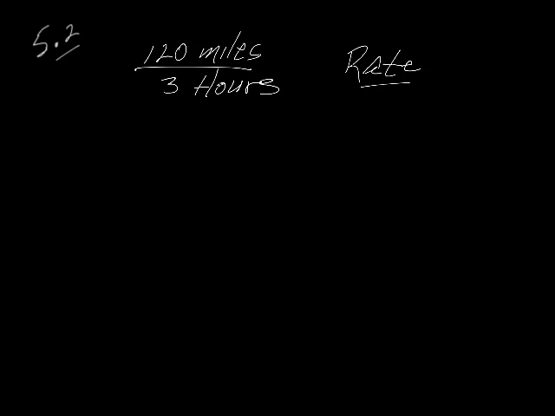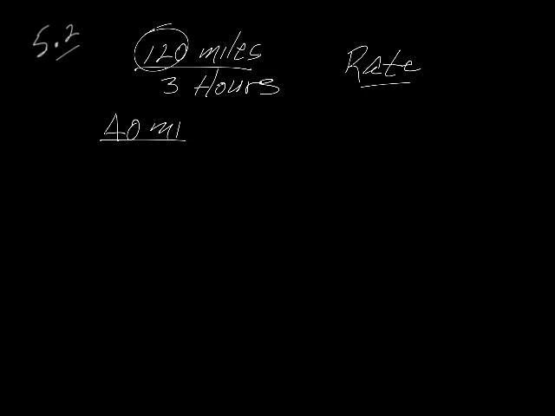So when I have a rate like 120 to 3, if I were to reduce that, I could divide this 120 by 3. 120 divided by 3 is 40.